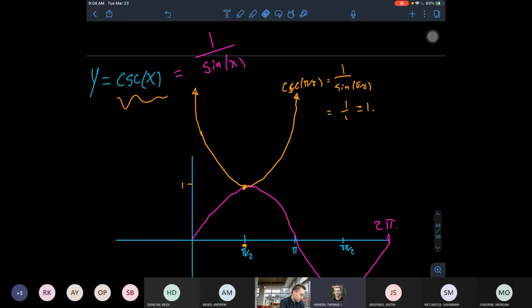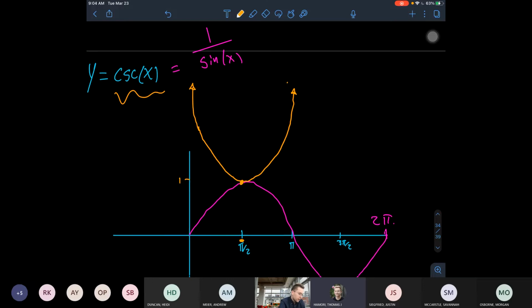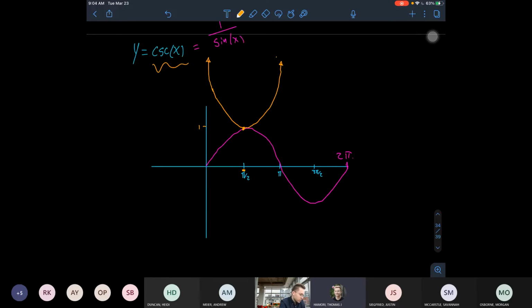Okay, so that's what's going on there. And then we're going to have slightly different behavior happening for the region where we're negative. It's just going to look the same, except it should be negative, because we take 1 and we divide it by a negative number, we're going to get a negative number.